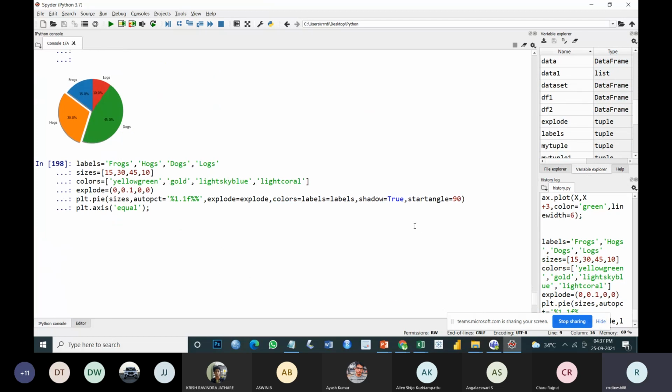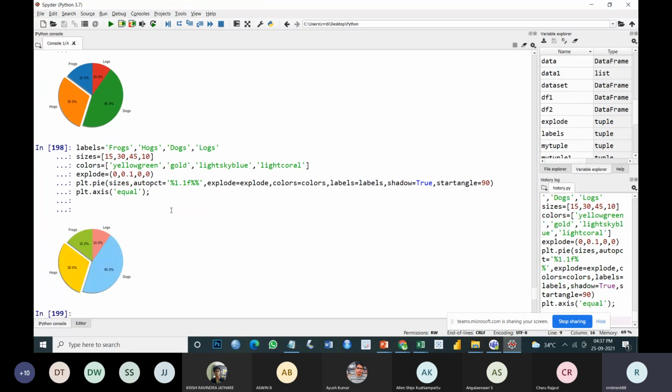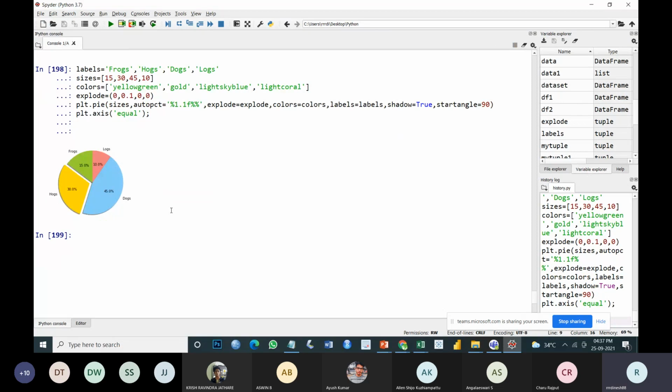Colors equal to colors, because we passed the colors. Now if you print this, see that the color gets updated: yellow, green, then gold, light sky blue, light coral. So here we are giving colors and the color is updated.